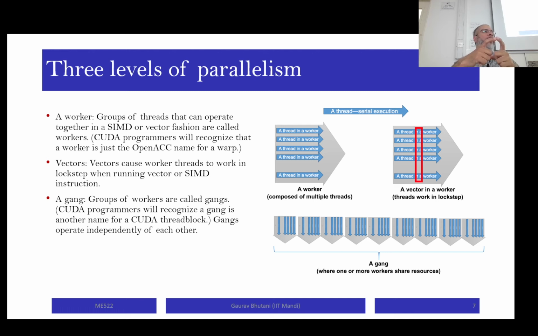Each warp had, as we discussed up till now, the standard 32 threads in a warp, and all these threads in a warp work in an SIMD fashion. They are in lockstep, so they are executed at the same time unless there is a control divergence happening. Here in OpenACC it's the same thing happening, except that we have a different terminology.